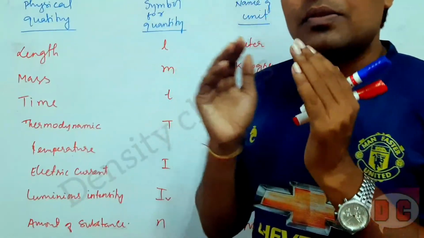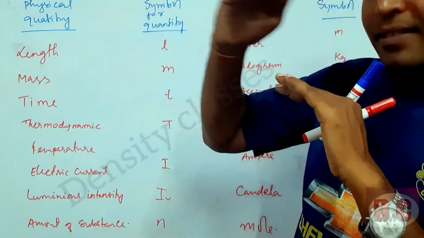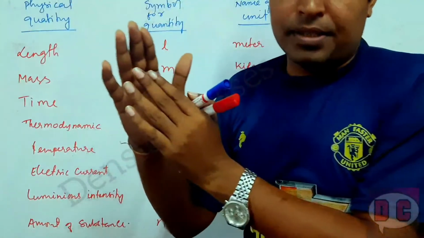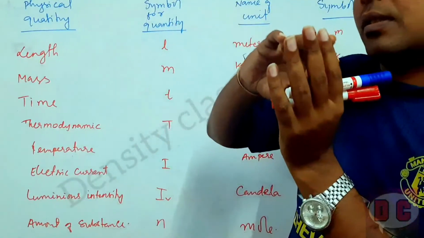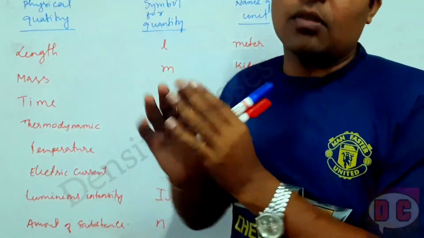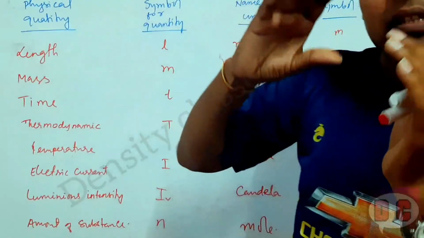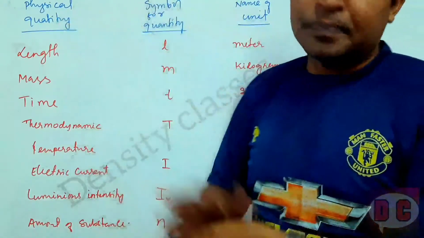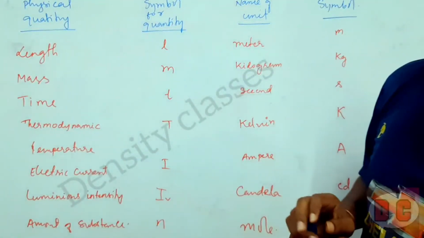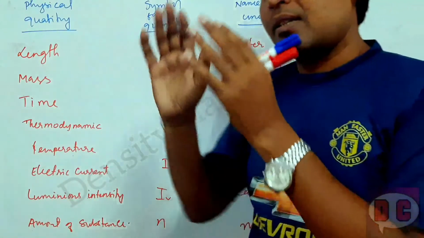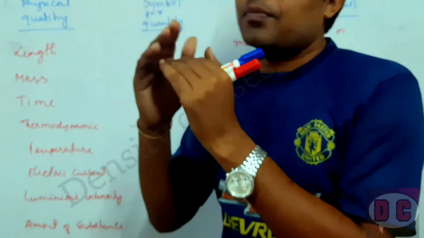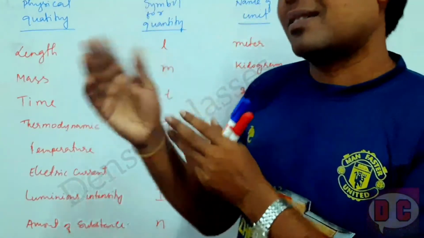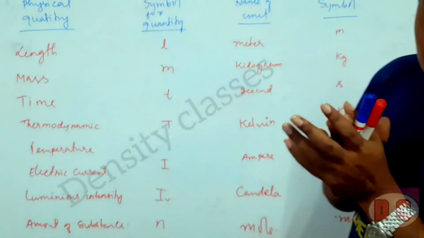Unit is nothing but a standard, set up by some organizations which take care of all the changes. So unit is nothing but a standard on the basis of which we measure substances. Or you can say a unit is a reference point with reference to which we measure physical quantities.